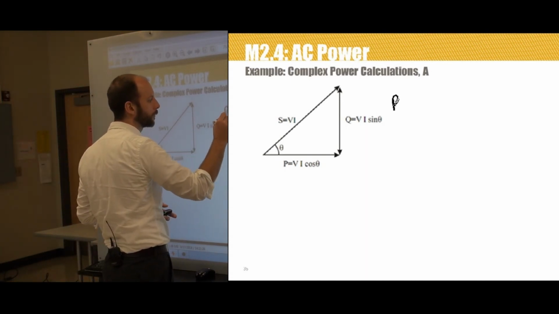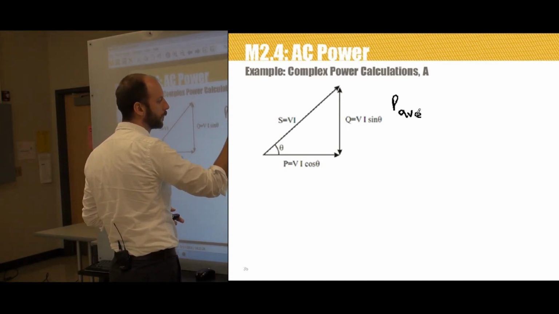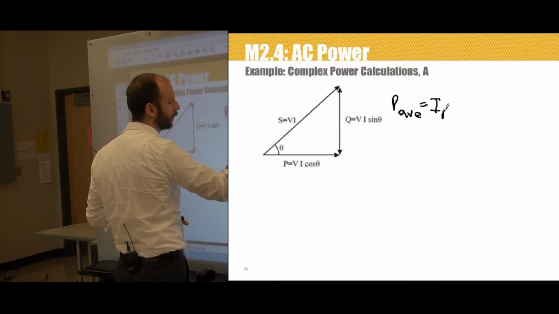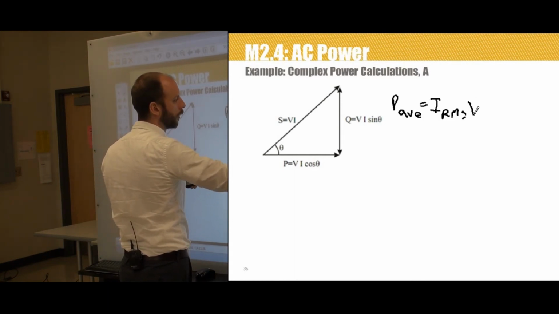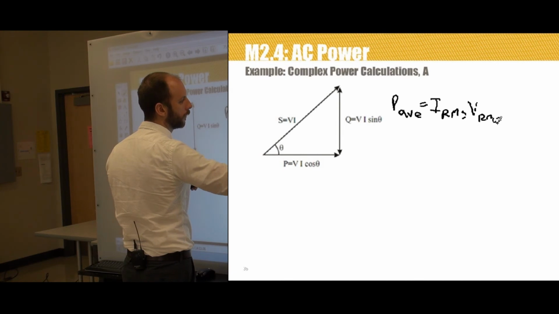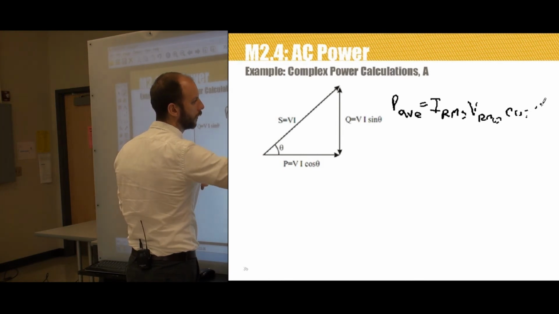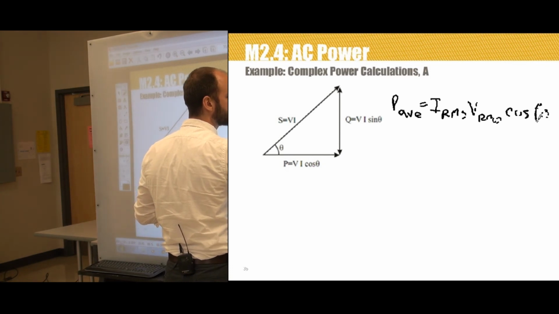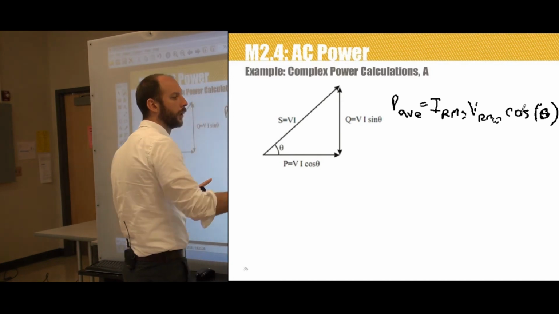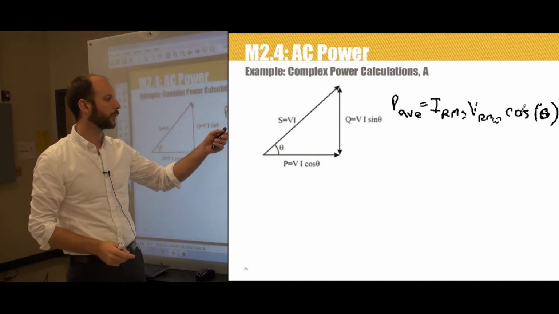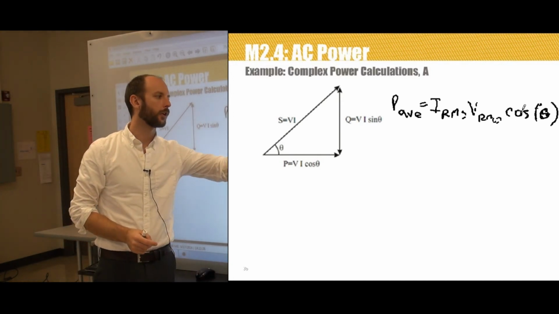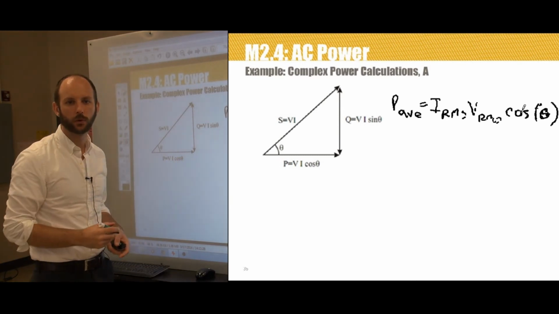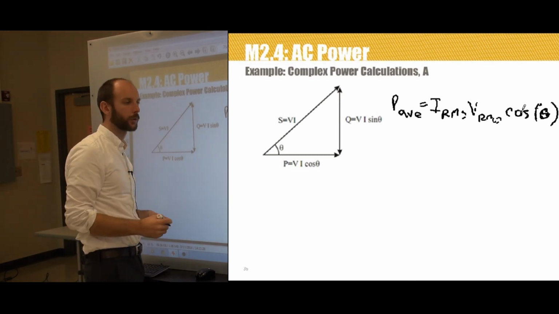I'm going to write that the average power is equal to, remember, the RMS voltage, RMS current, cosine of theta. Sorry guys, my magic board is not happy with me today. Having a little trouble on these far margins. So cosine of theta, right? If I had wanted to do it with Q average, I just would have written I RMS V RMS sine theta, right? The math would have worked out a little bit differently, but we would have ended up with the same result.